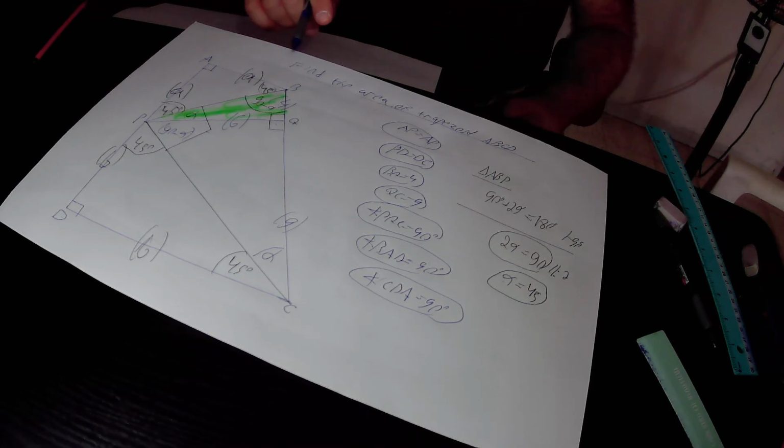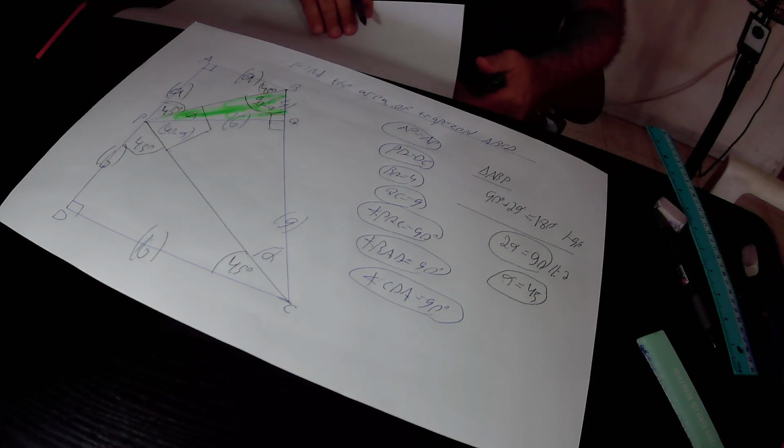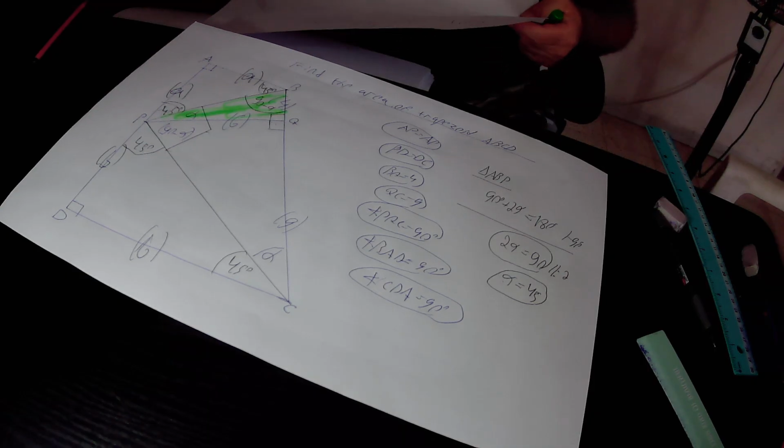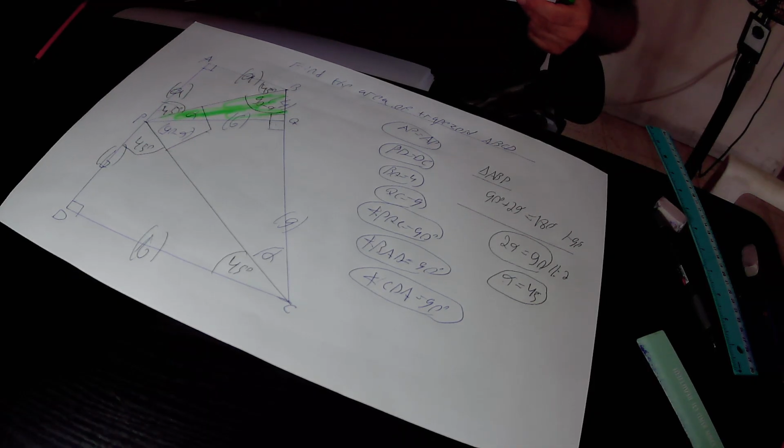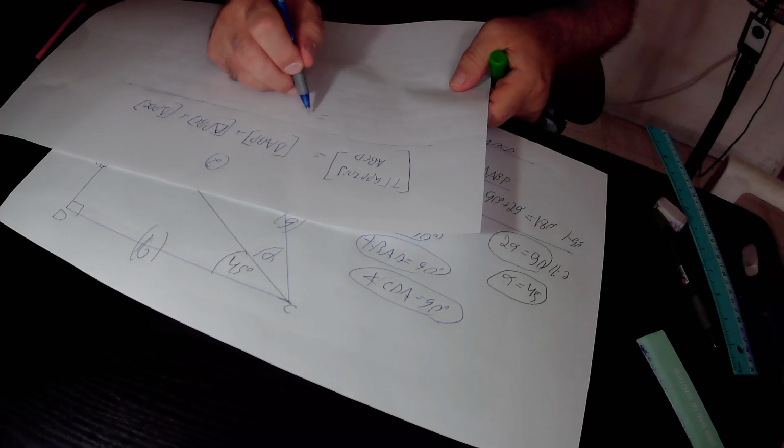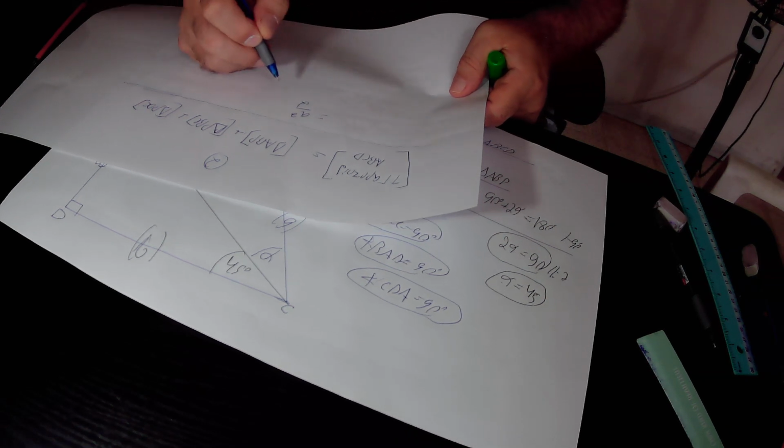The base is AB, the height is AP. AB is a, AP is a, so a times a is a squared over 2. So the area of this right triangle ABP is a squared over 2.